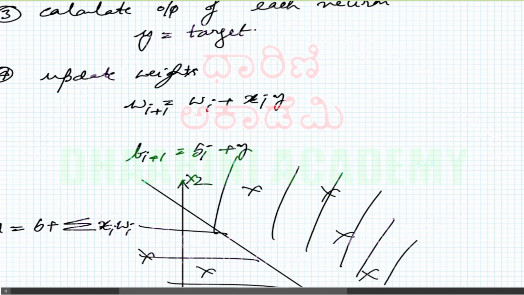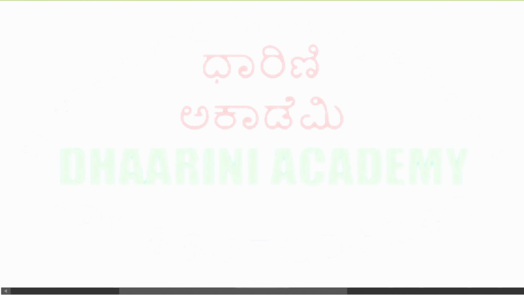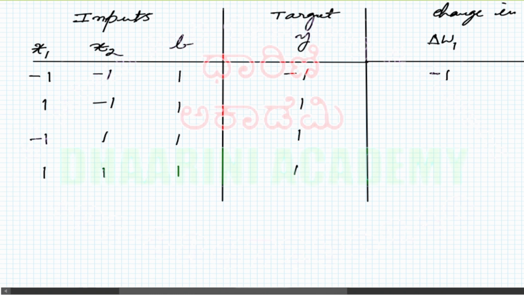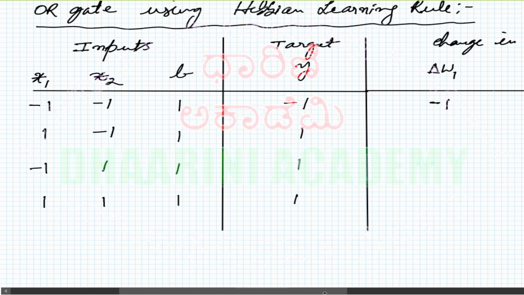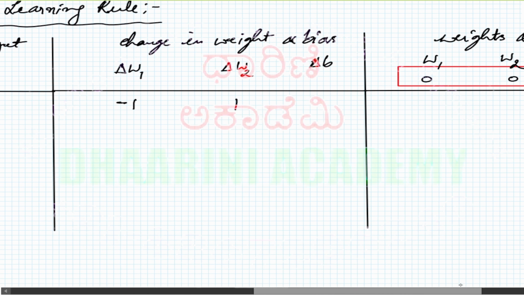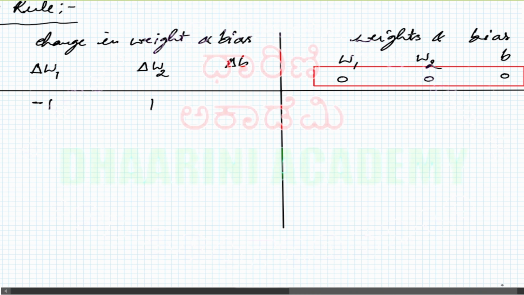So this is y itself. This y itself is delta bi, so bi plus 1 is bi plus delta bi. So delta bi is directly y. Now you tell me, what is delta b? It's y. Just look at the y. What's y? Minus 1. So this is minus 1, right?